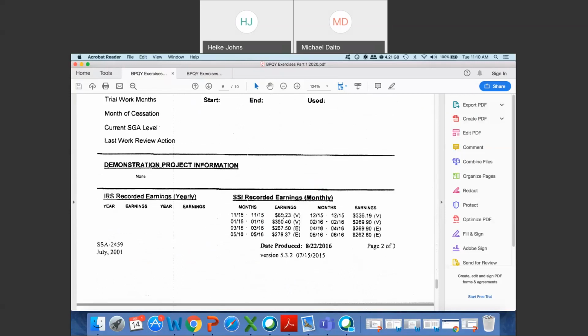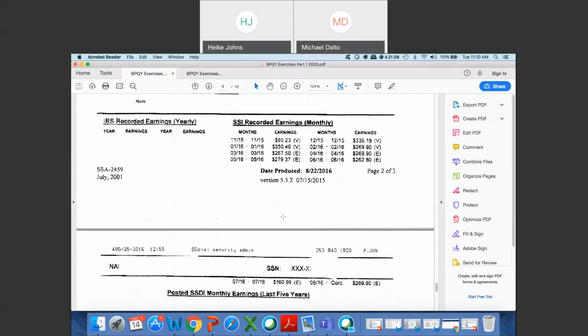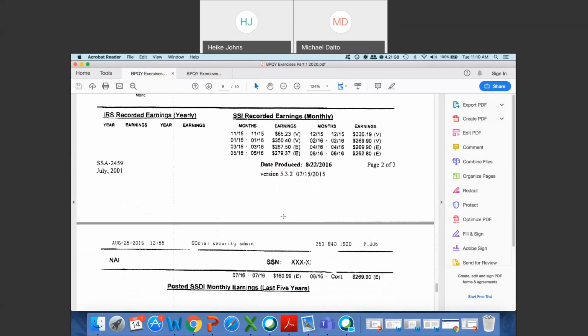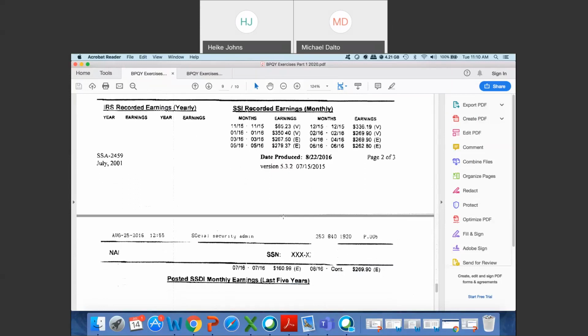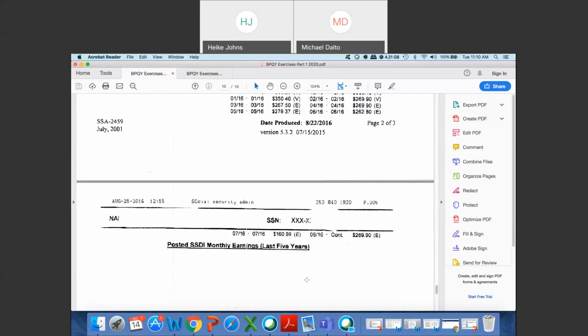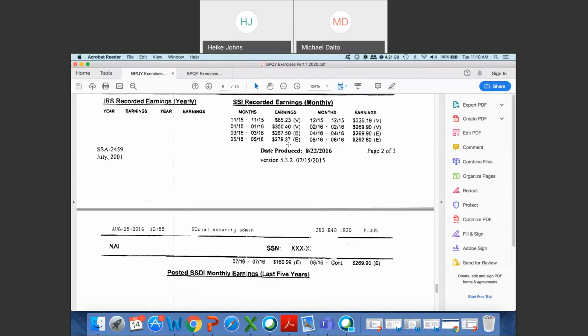Go down to the earnings section. We see SSI recorded earnings for months from November 2015 through August of 2016. However, we see that only earnings through February 2016 have been verified.